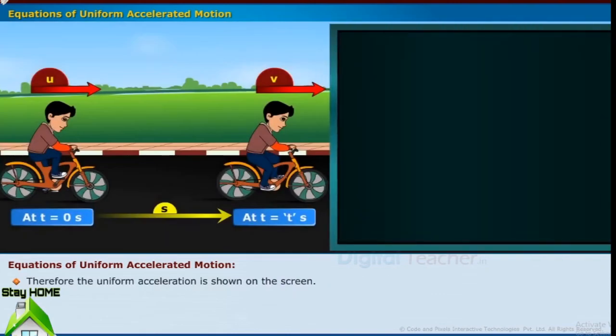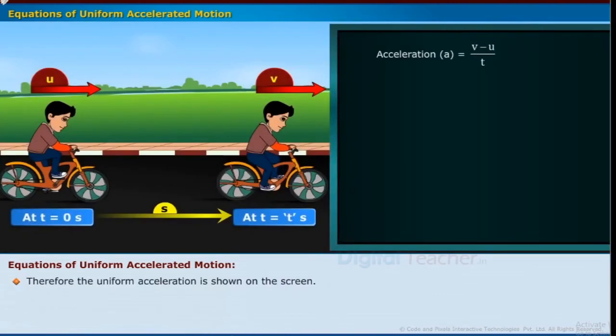Therefore, the uniform acceleration is shown on the screen. Acceleration a is equal to (v minus u) by t. Then a into t is equal to v minus u. That is, u plus at is equal to v. Consider it as equation 1.